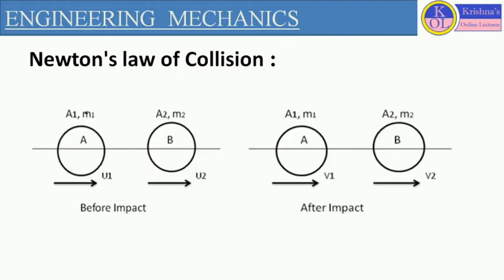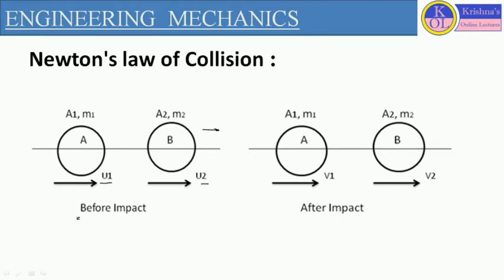So here let us consider two bodies or two objects. Body A has mass m1, and body B has mass m2. Body A and body B are moving along a straight line, or in rectilinear motion. Body A is moving with initial velocity u1 and body B with initial velocity u2.